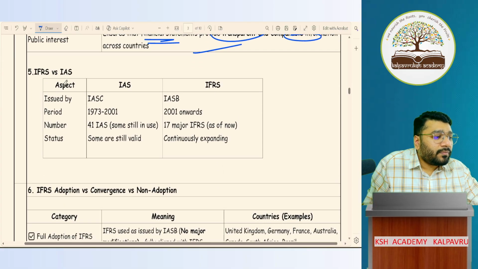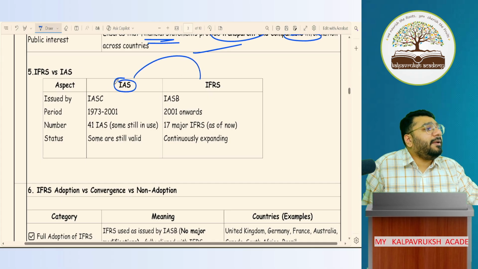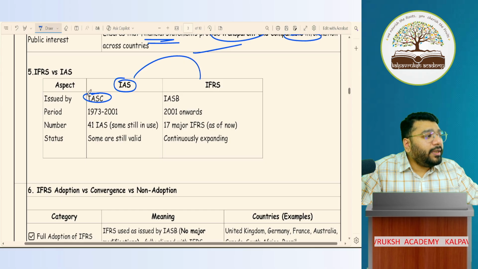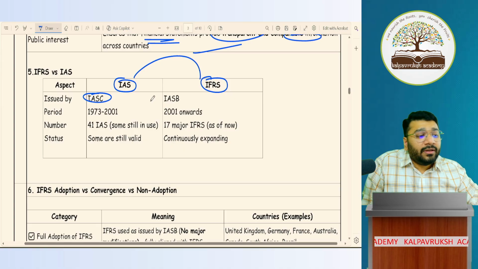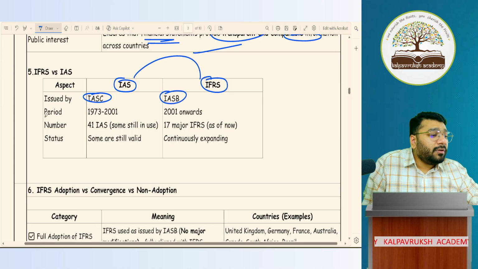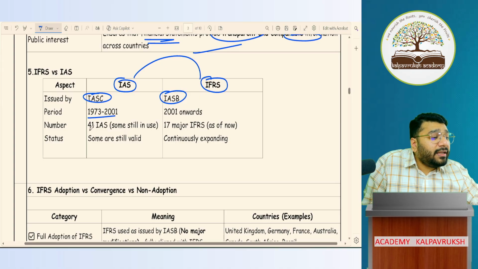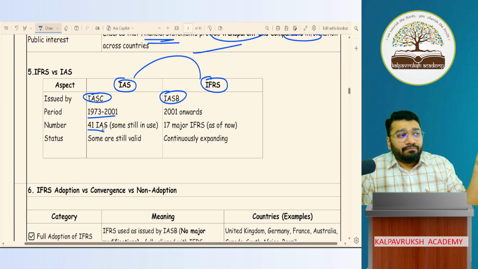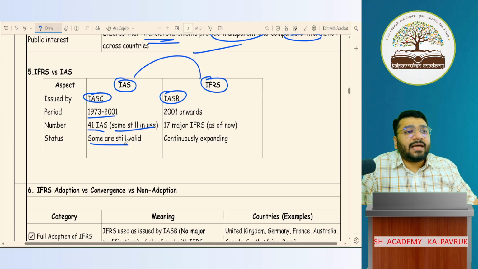Now, a summary chart between IAS and IFRS. IAS was issued by IASC, full form International Accounting Standards Committee, whereas IFRS is issued by IASB, full form International Accounting Standards Board. This IASC was operational during the period 1973 to 2001, during which they issued 41 international accounting standards, which were later scrapped, but some of them are still valid today and others are scrapped.